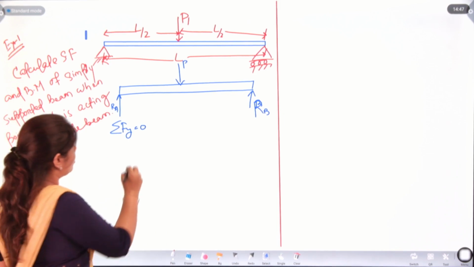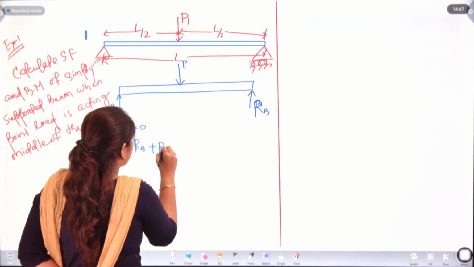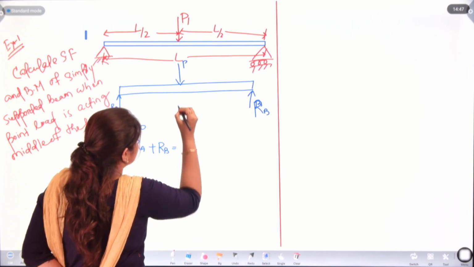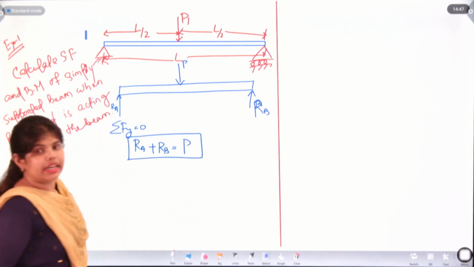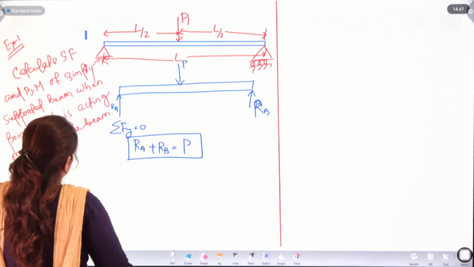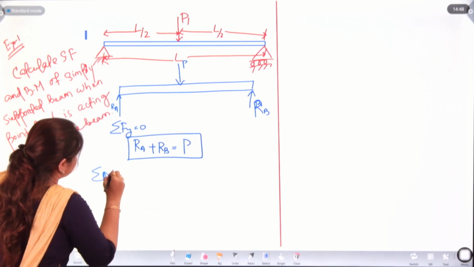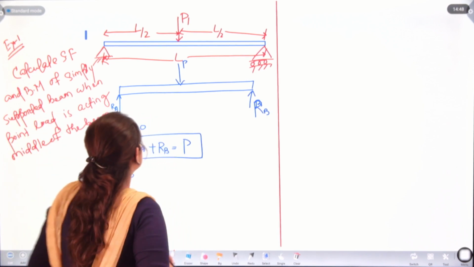So, we will have RA plus RB is equal to P. Right? Now, summation of MA is equal to 0. Let's take summation of MA is equal to 0.